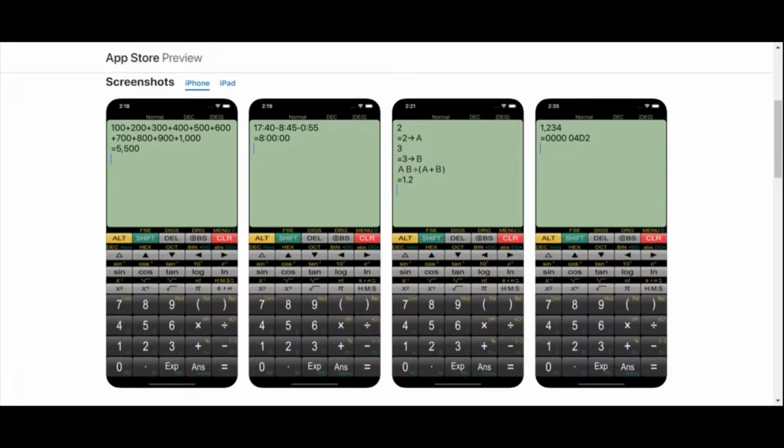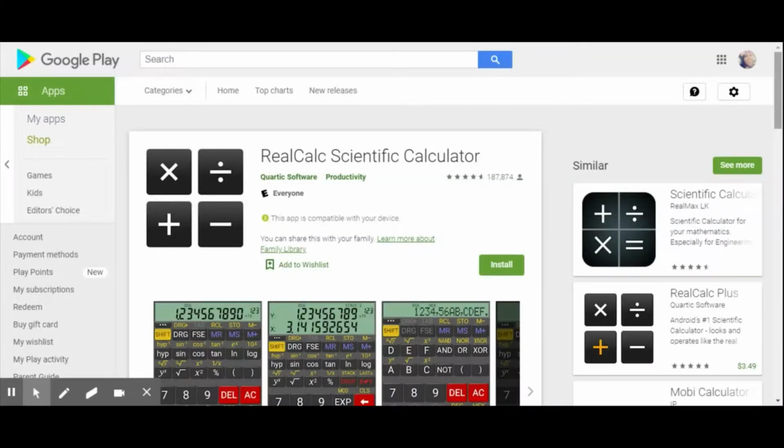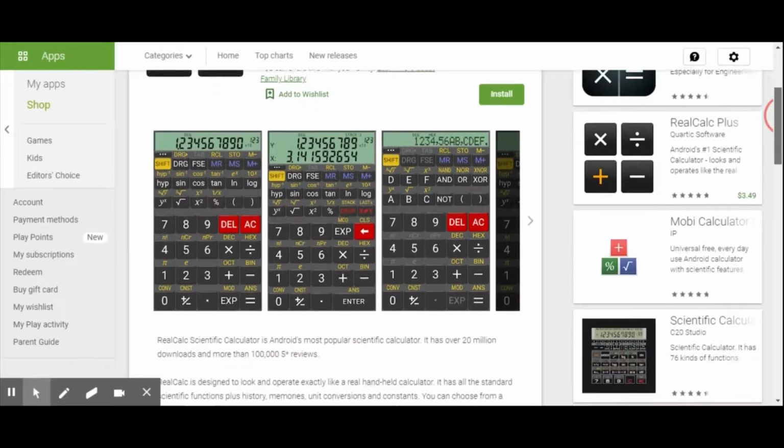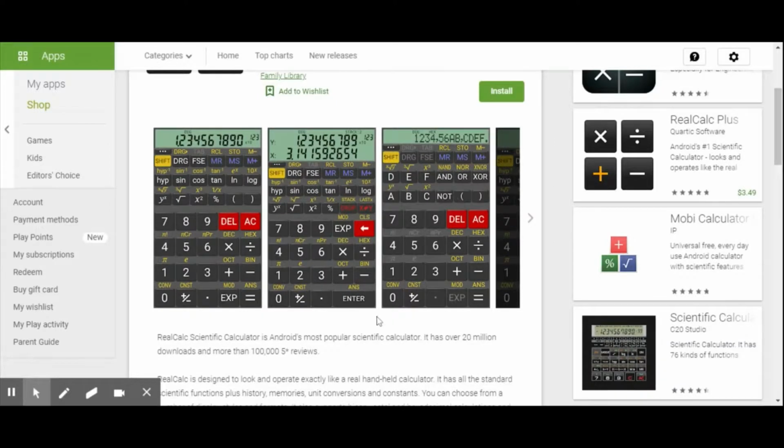That app is available in the Play Store, and in much the same way as the Panacal Scientific Calculator is for the iPhone, the Real Calc looks like a scientific calculator. You can see here.